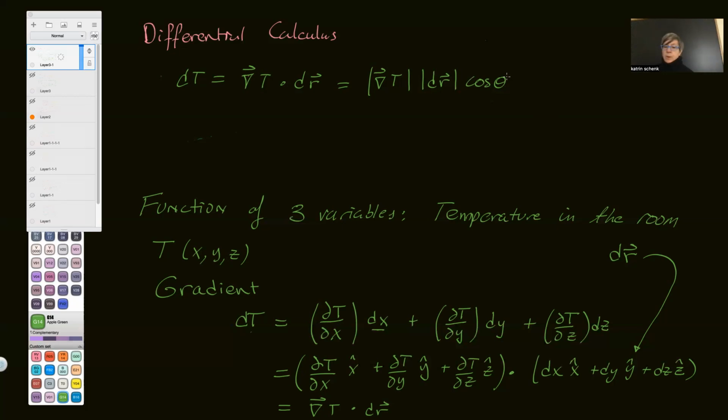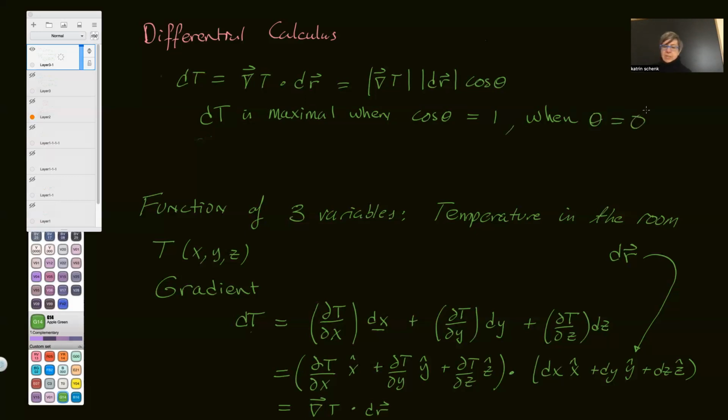Now let's look around in theta to see when dt is a maximum. dt is maximal when cosine theta equals 1, or when theta equals 0.